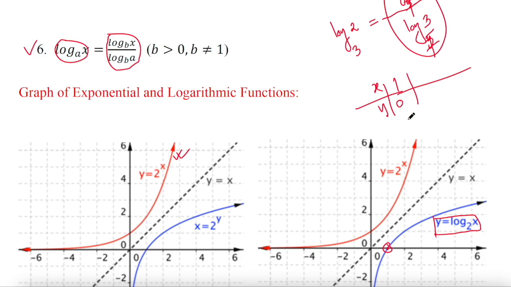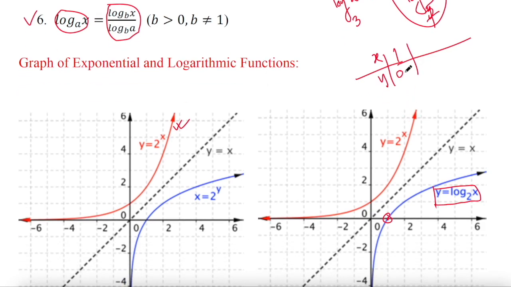And second point, I want to consider 2. When x equal to 2, y will be log 2 to the base 2, which is 1. And this is nothing but this point, (2, 1). And the third point, I want to consider 4.